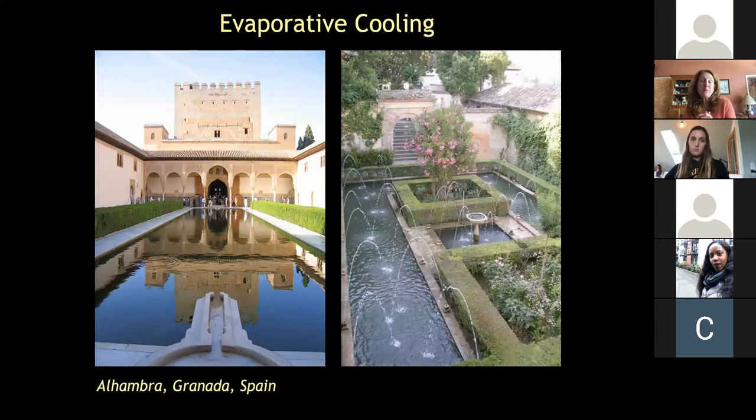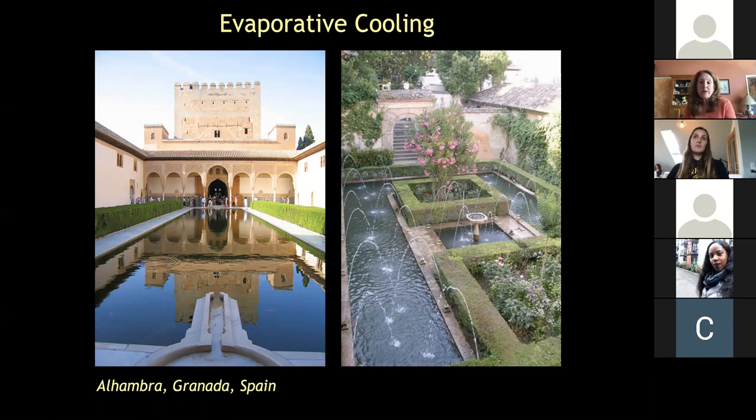So an important point I want to make about these two pictures is that, just like, remember our equation of UA delta T, heat transfer is proportional to surface area. Same thing with moisture transfer, proportional to surface area. So on the left picture, the surface area is basically the surface of that pool.